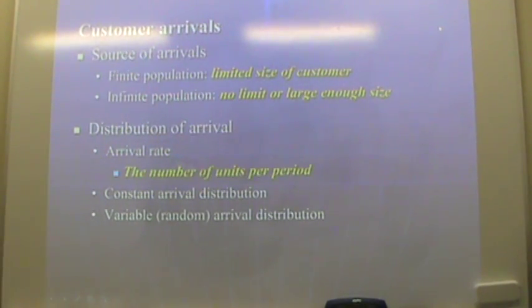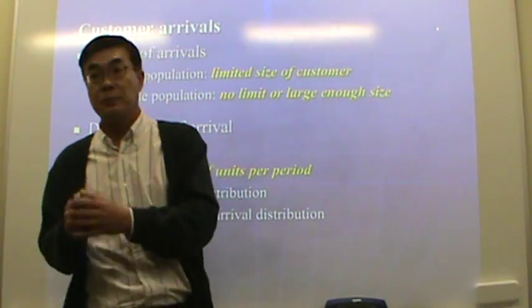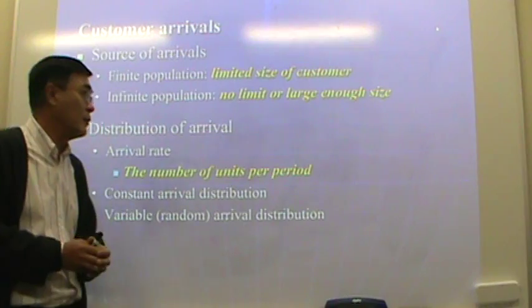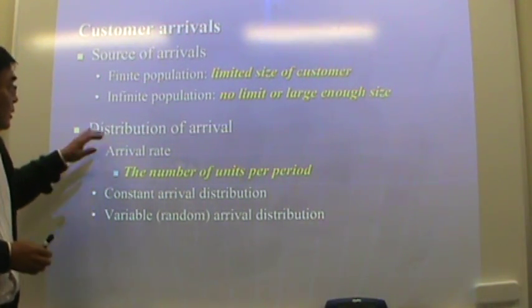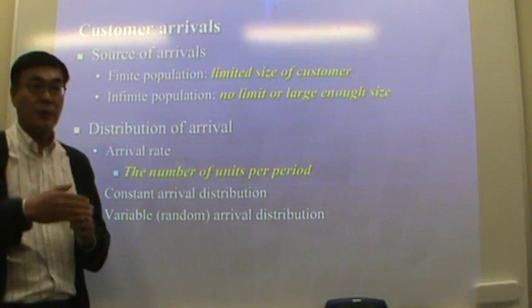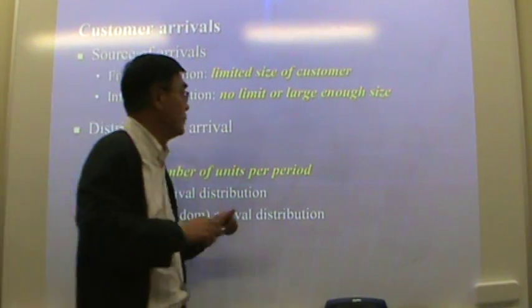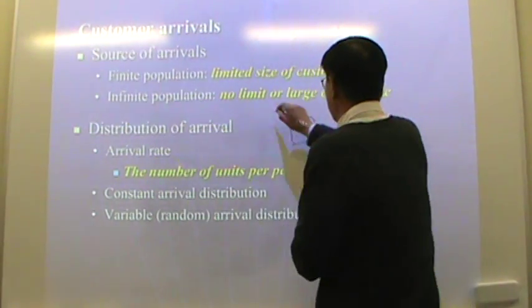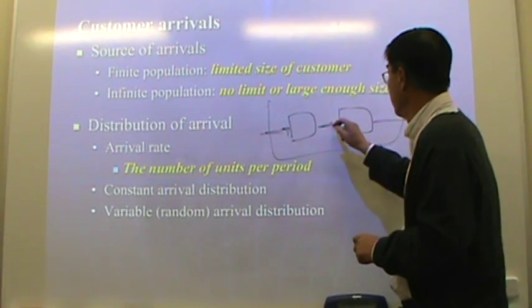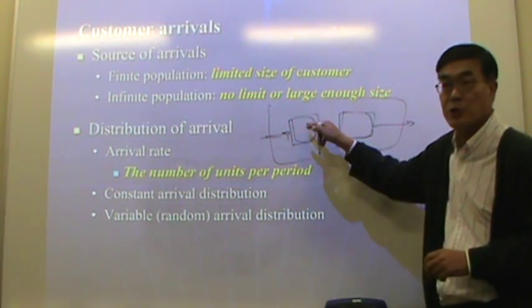And distribution of arrival rate, the number of units per period, like 10 customers per minute, 100 customers per hour, something like that. That is the arrival rate. Pattern, constant or variable. Constant means every time the same number of customers. If there are two stages like this, then this one is an automatic machine.